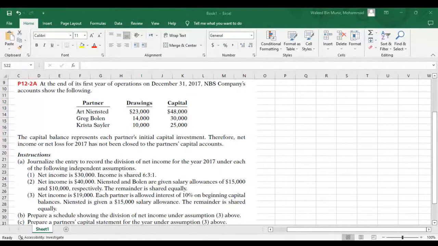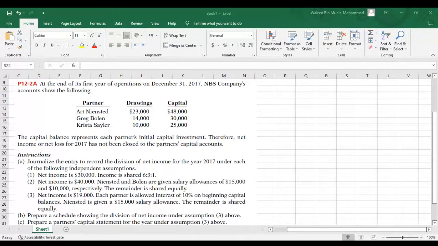At the end of the first year of operation on December 31, 2017, this NBS company's account shows the following. There are three partners, right? And there is a drawing account and a capital account. This is their beginning balance given in their drawing account and capital account. Capital balance represents each partner's initial capital investment.